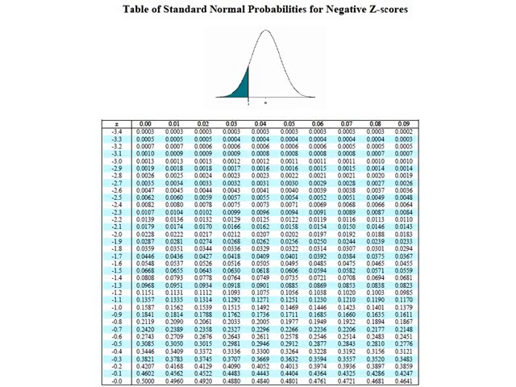We should look at the left margin first. Let's find negative 0.1. It's here. Then find 0.06 on the top margin. The probability is the value where the row and the column meet. It's 0.4364.